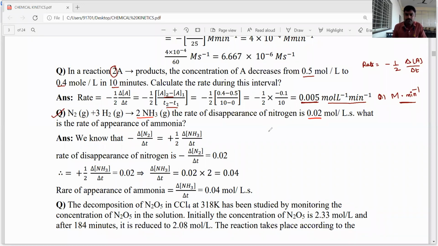Okay, dear students, we know the rate expression; you just have to write the average rate.